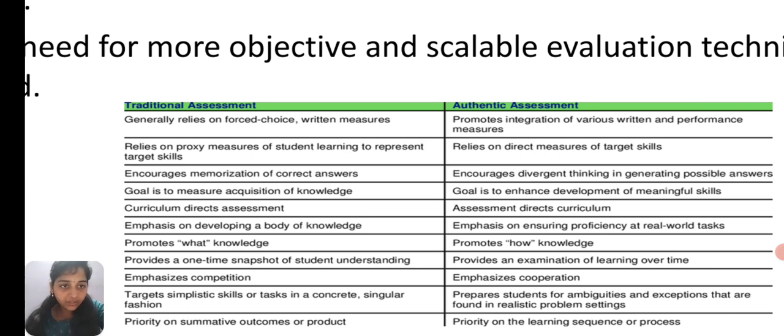Priority on summative outcomes or product; the other, in conducting assessment, prepares students for ambiguities and exceptions that are found in realistic problem settings. And the next point is a priority on the learning sequence or process.